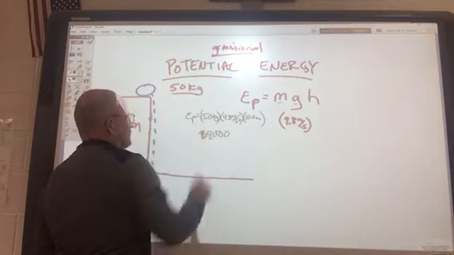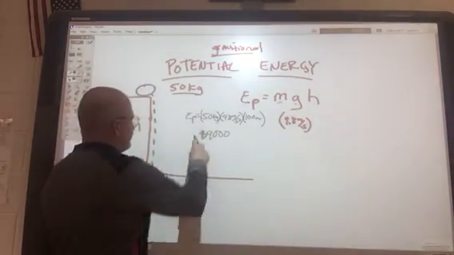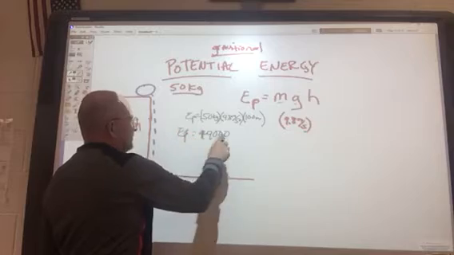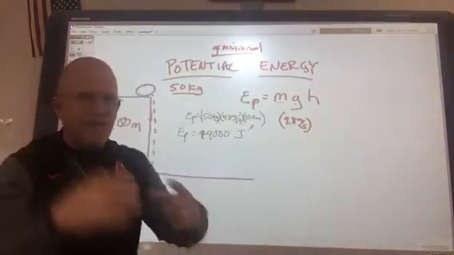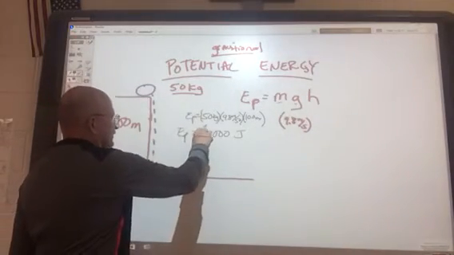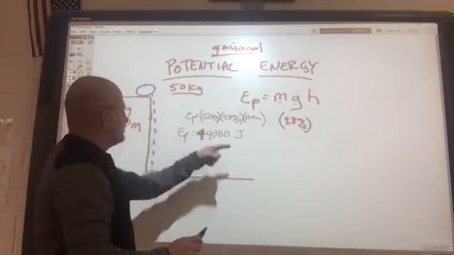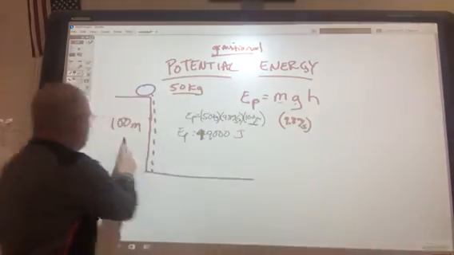If you remember what we talked about yesterday, energy is measured in joules, so that's 49,000 joules. I'm not going to go into the units today. I'm going to do that a little bit later, but just know that 49,000 joules is the amount of gravitational potential energy that the rock has at the top because it's sitting at 100 meters.